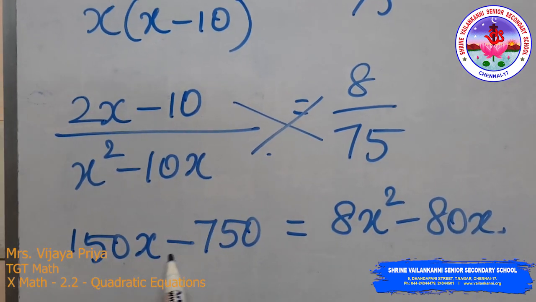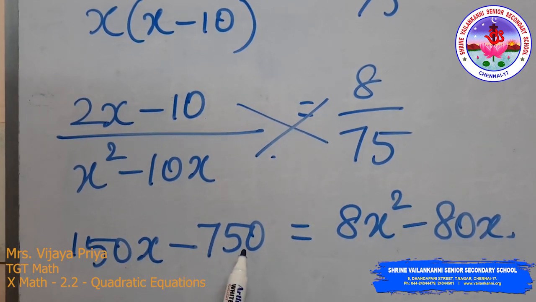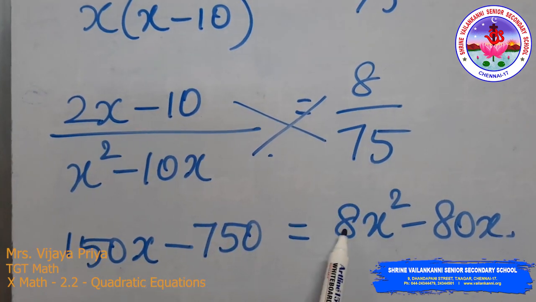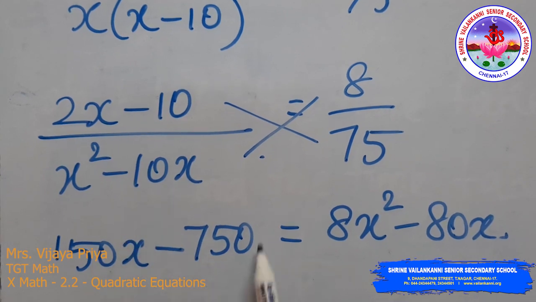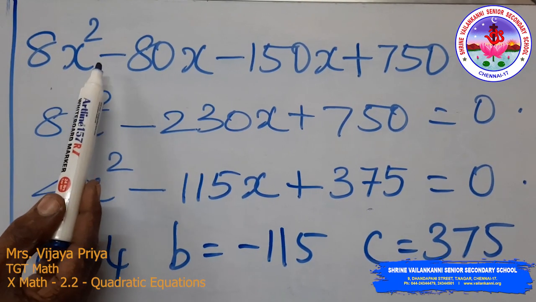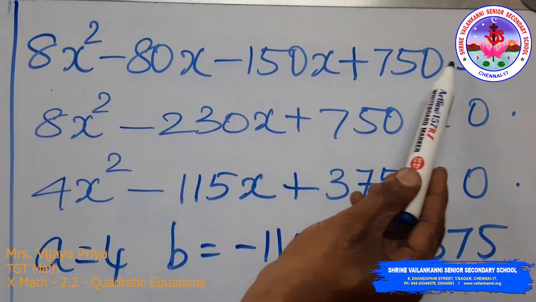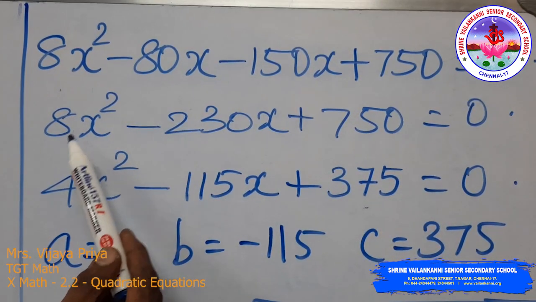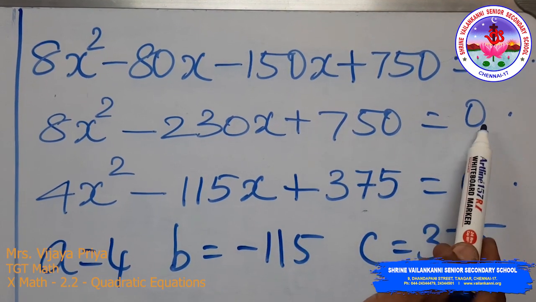I got 150x minus 750, and this expression multiplied with 8, I will get 8x squared minus 80x. So I am bringing my left hand side values to the right hand side. I will get 8x squared minus 80x minus 150x plus 750 is equal to 0. So if I simplify this, I will get 8x squared minus 230x plus 750 is equal to 0.